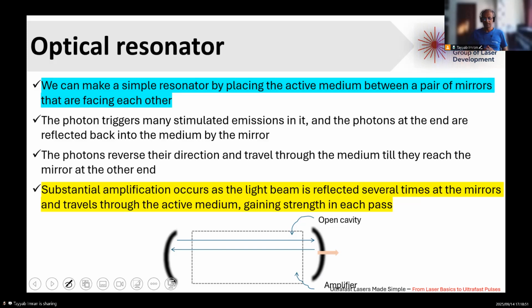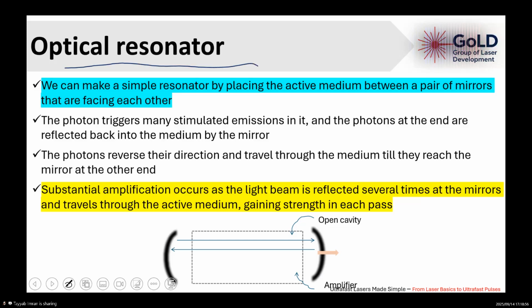All three components of a laser are always important. The resonator is somehow more important in the sense that it's used to amplify the photons.